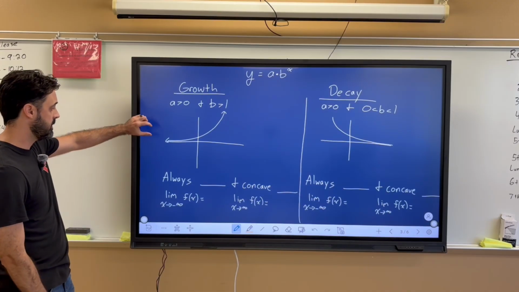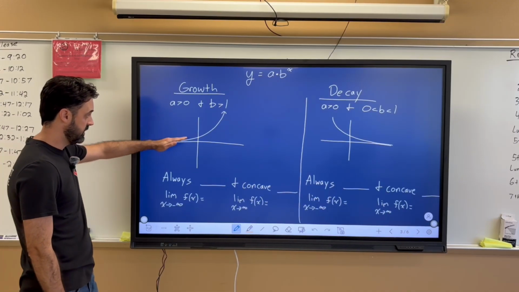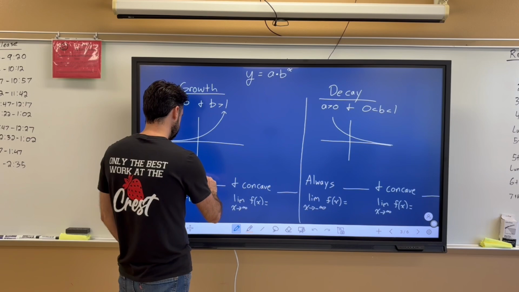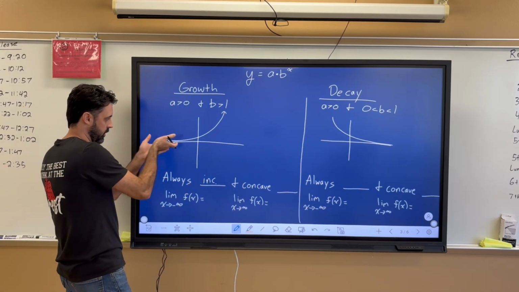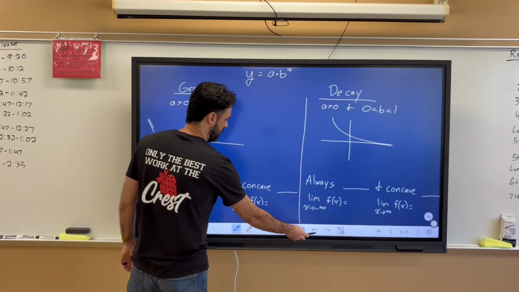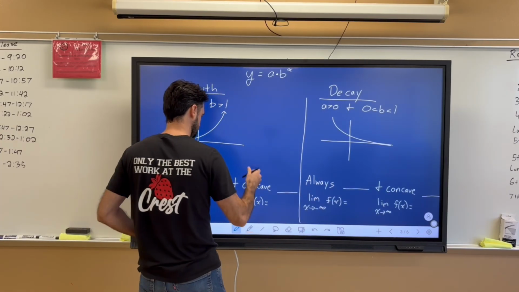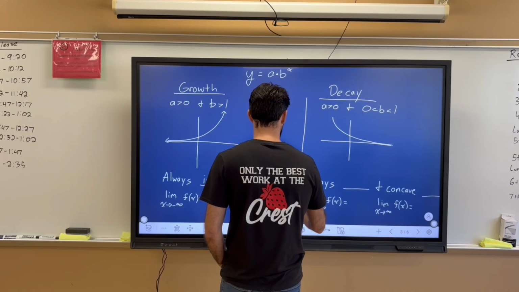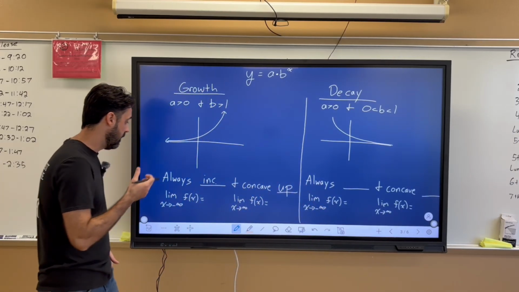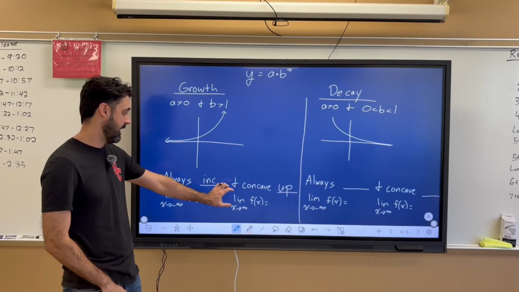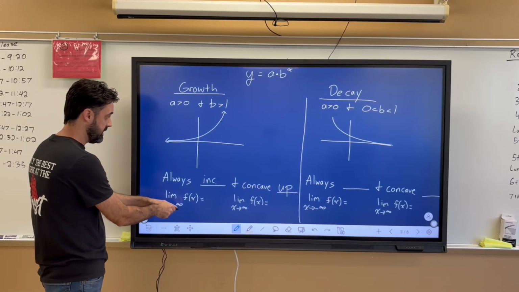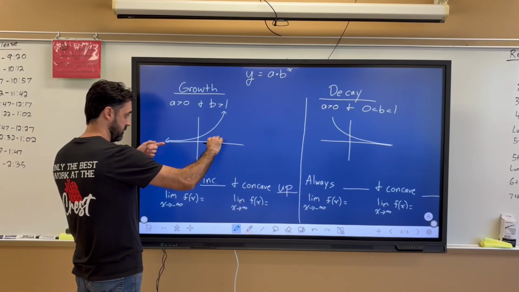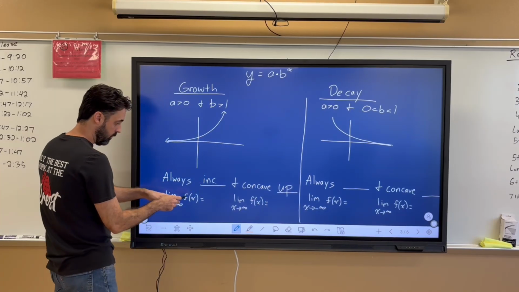Now, as we go from left to right, this function is always increasing. And this graph, even though it doesn't curve back up, is concave up. Right, it's opening up here. So our graph is concave up. Now, the two ends of the graph. So remember, think about the x-axis. As x approaches negative infinity, so that's talking about on the x-axis as we're moving to the left, what does the function do?